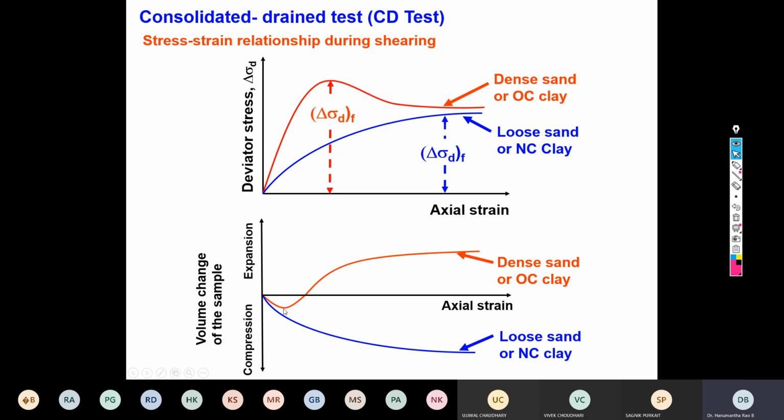Here the particles align themselves to roll as you are increasing the strain. So on dense sand, initially there is an increase in stress immediately.